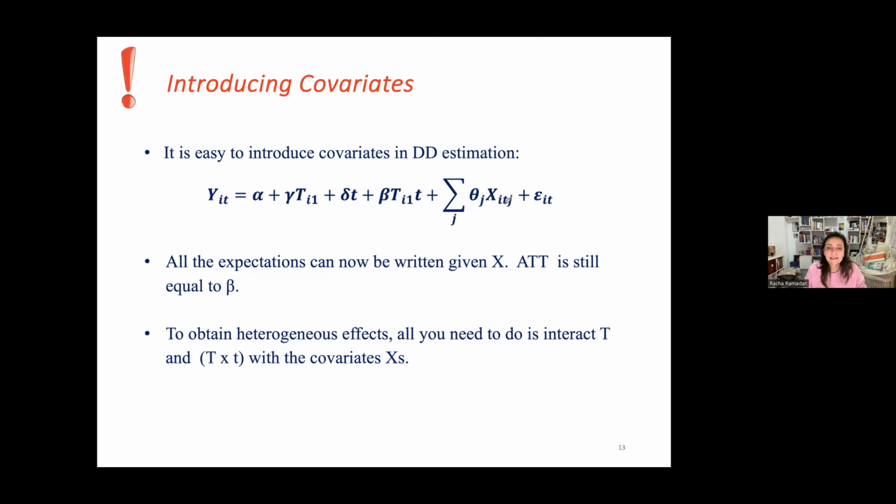And this we'll see in Stata, that we can add the interaction to see if we have heterogeneous effects of this program, or of the treatment we wanted to control for, based on other characteristics.